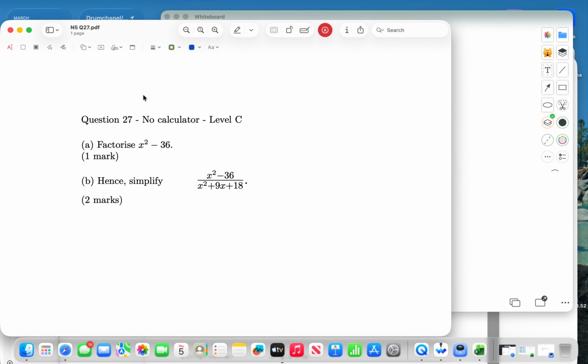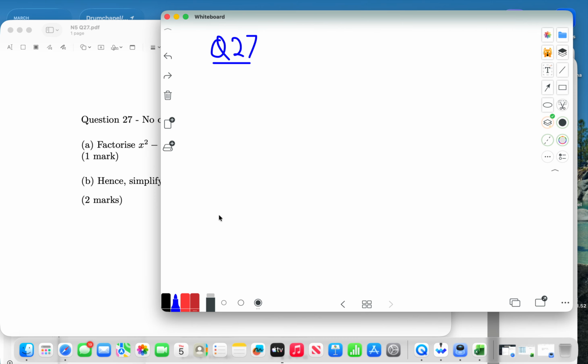Now, x squared minus 36. Remember, the coefficient of x squared is 1. You just don't put the 1. And the highest common factor of 1 and 36 is 1.